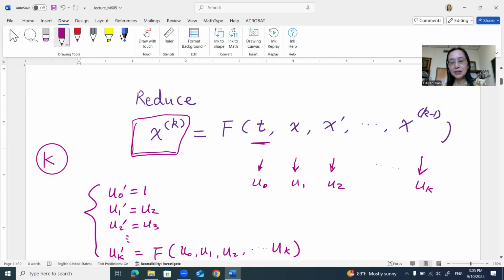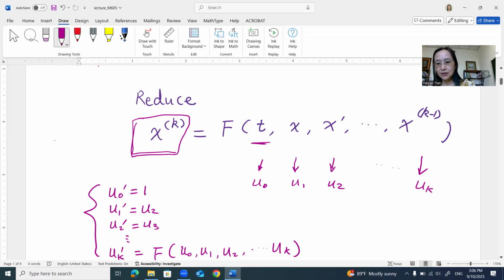But to make it into autonomous, there is another equation. So we will have a total of k plus 1 equations. With that many equations, this is a system of first order and also autonomous. So there's some nice feature.